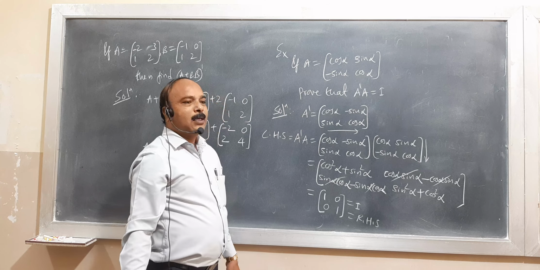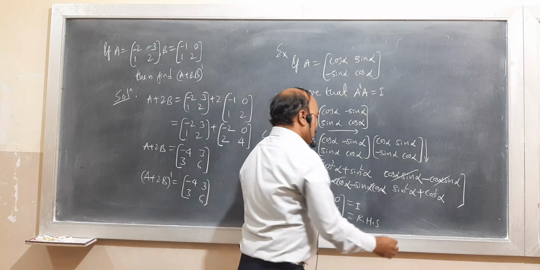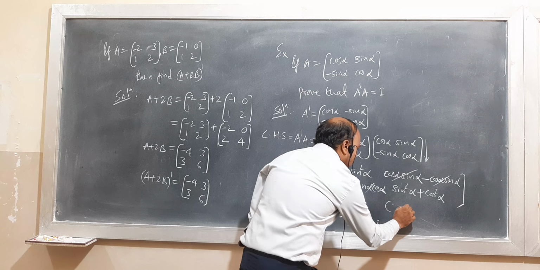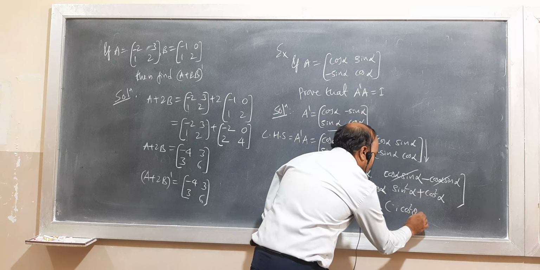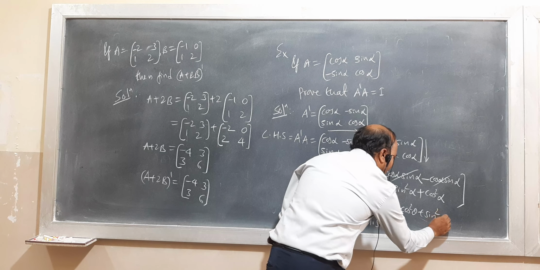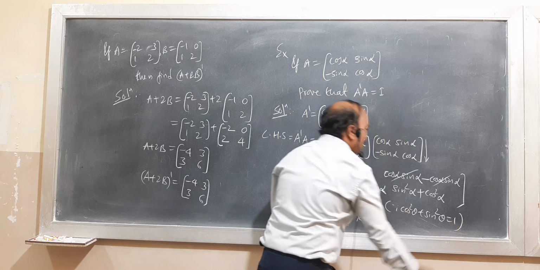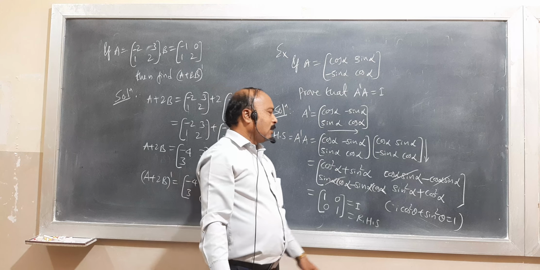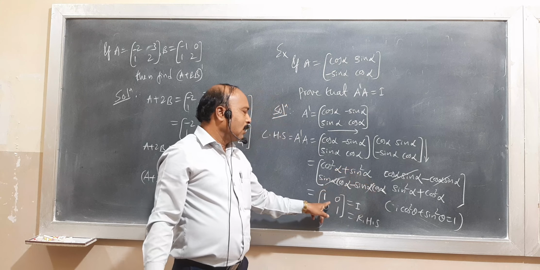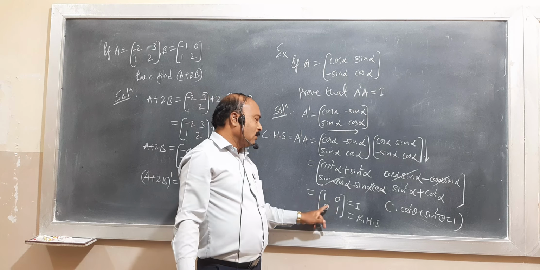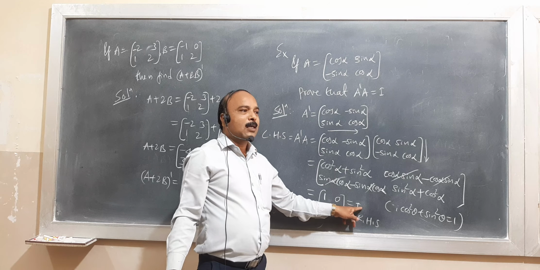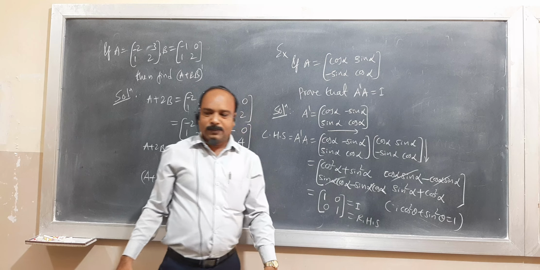It is the proof of the result. The reason is that cos square theta plus sin square theta is always equal to 1. By using this trigonometric identity, we proved the result, that is [1, 0; 0, 1], which is nothing but I, that is the identity matrix.